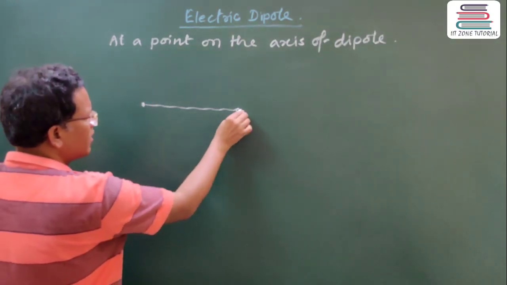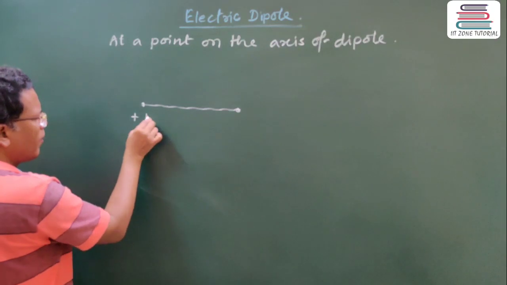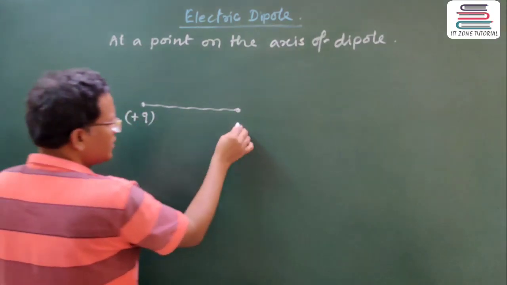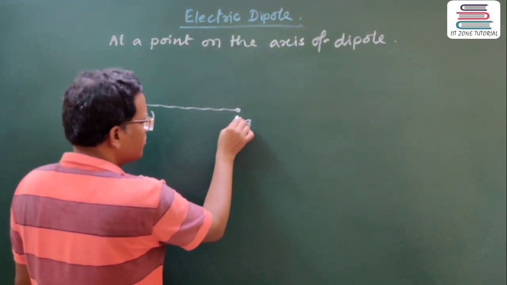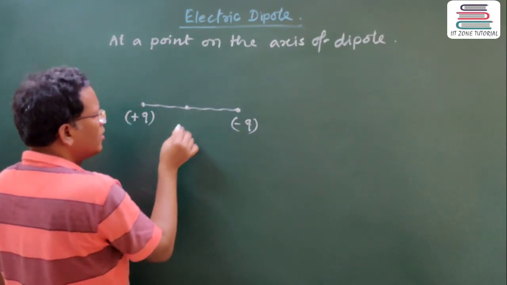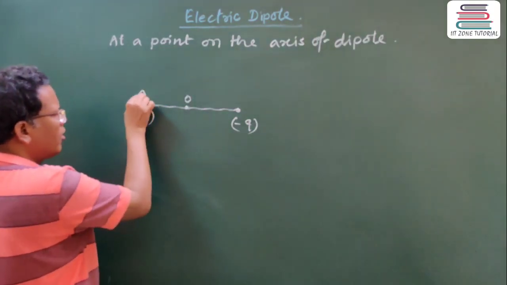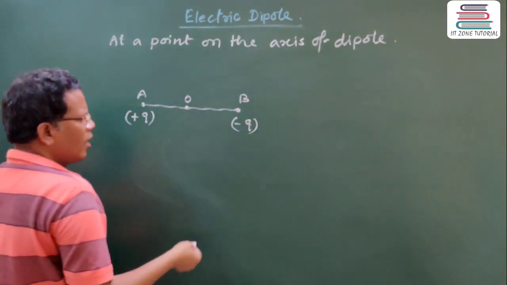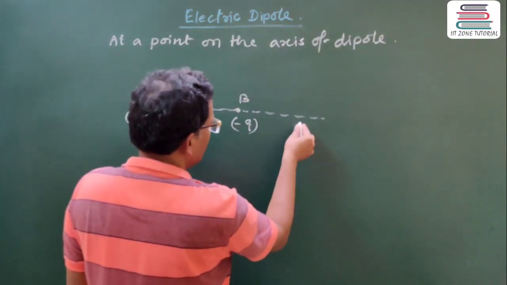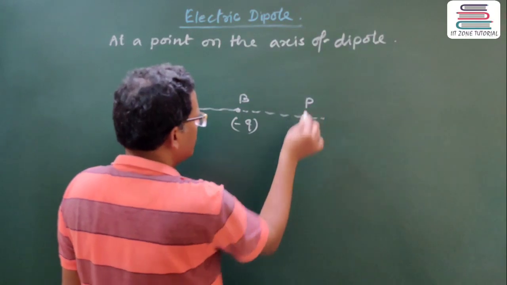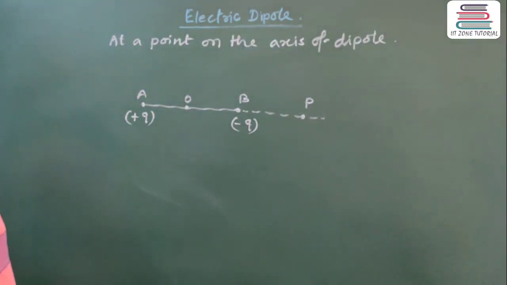Let the ends of the line joining be plus q and minus q. This is the midpoint of this line joining. Now on an extension, let P be a point.